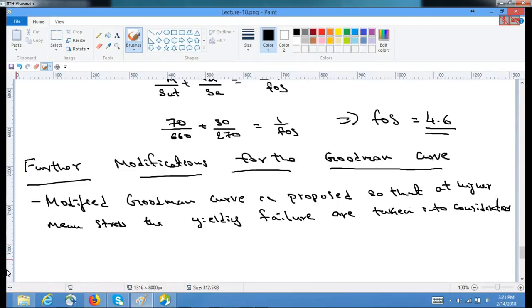Okay, there are two different modifications. The first type is for axial and bending stresses. That would look something like this.